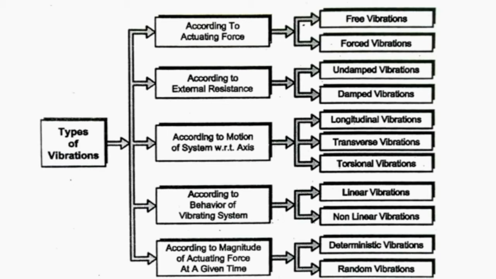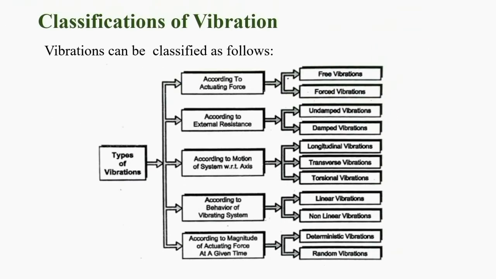According to the behavior of the vibrating system, they are classified into linear vibration and non-linear vibration. Furthermore, according to the magnitude of actuating force at a given time, they are classified as deterministic vibration and random vibration. We are going to see each classification one by one.